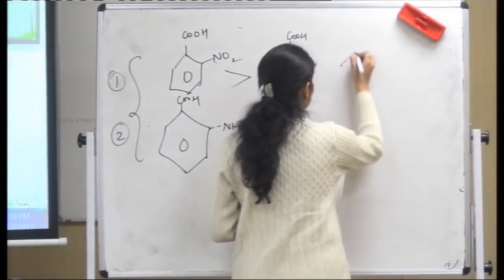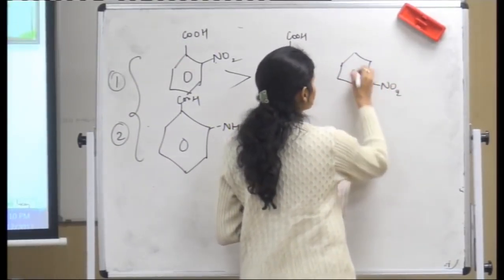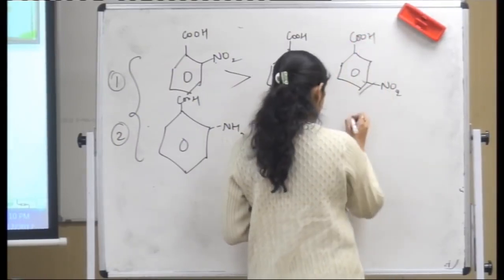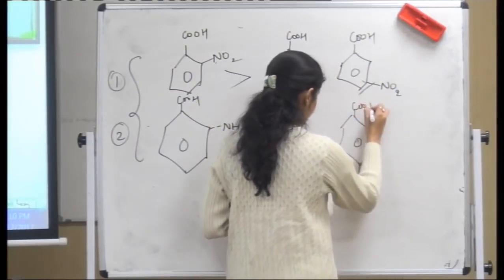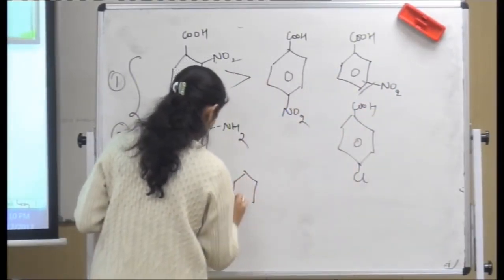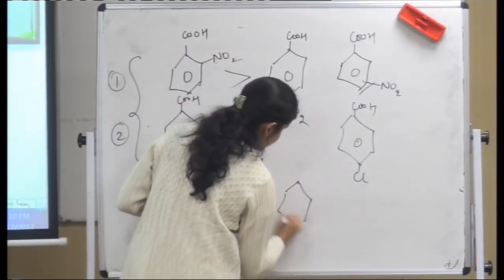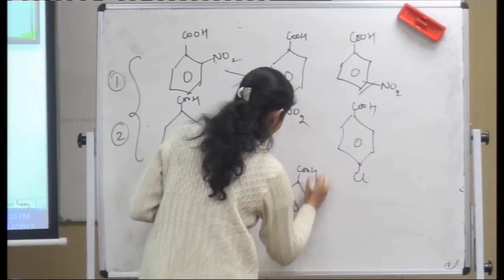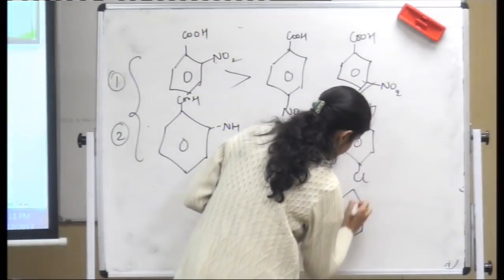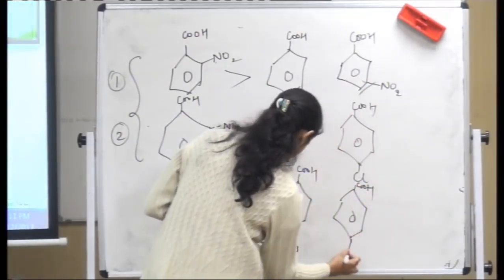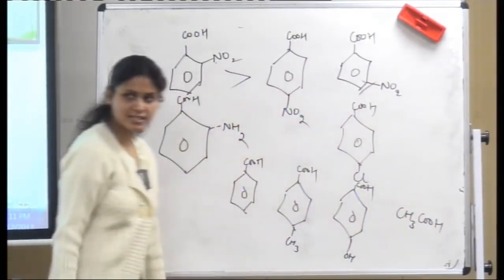Let's put more choices for you. Suppose you have a meta group also, and you have a chlorine group also. And you have plain carboxylic acid, and one having a methane group, and one having an alcohol group, and a plain aliphatic acid.